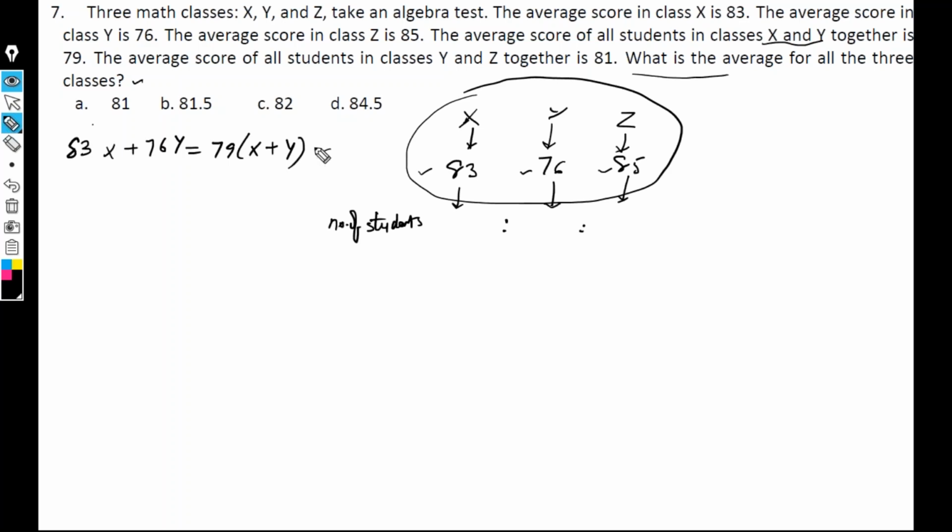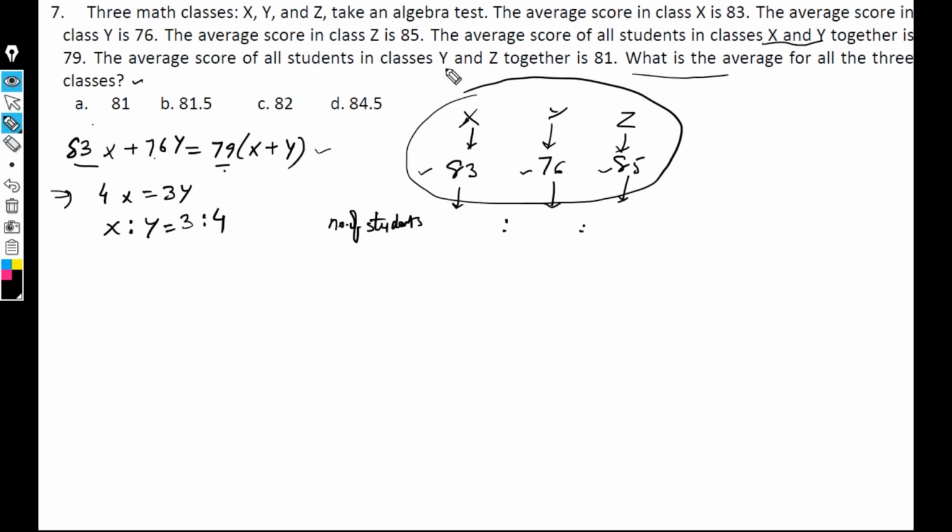Is it clear, everyone? So it gives us 83 minus 79 is 4x, 79 minus 76 is 3y. The ratio between the number of students of class X and Y is 3 is to 4.